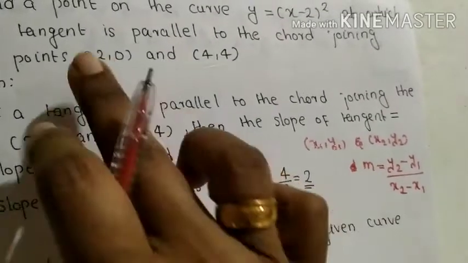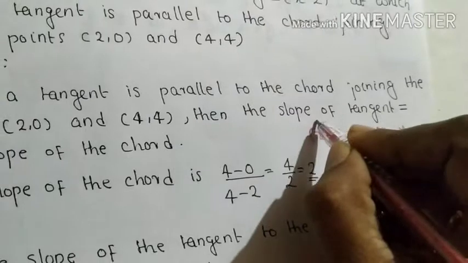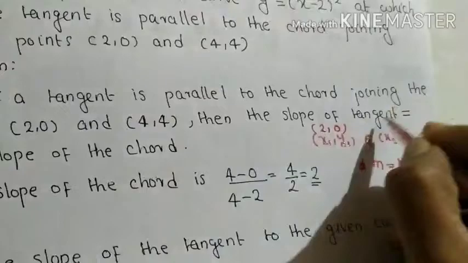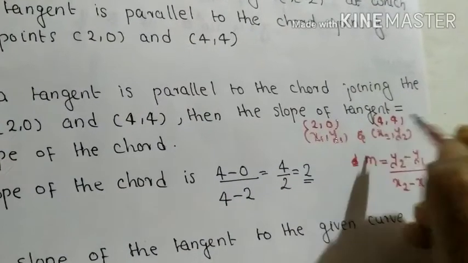Here the 2 points are (2, 0) and (4, 4).